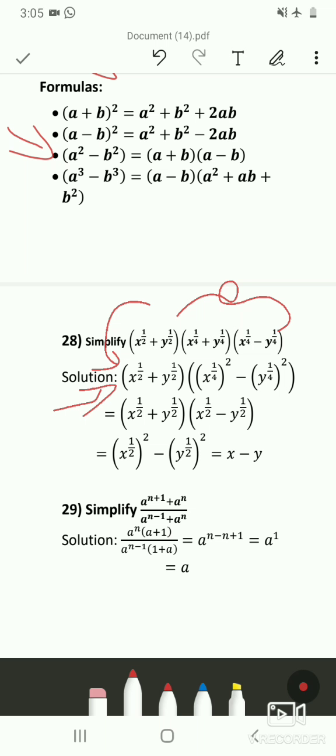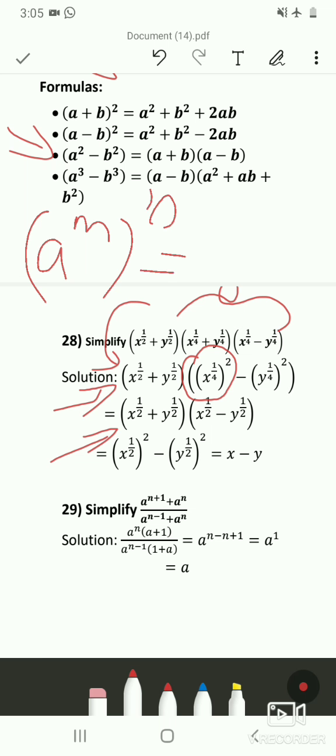In the next step, the first term is as it is. Here this term is nothing but (a raised to m) whole raised to n, which is a raised to m into n. Here m is 1 by 4 and n is 2.